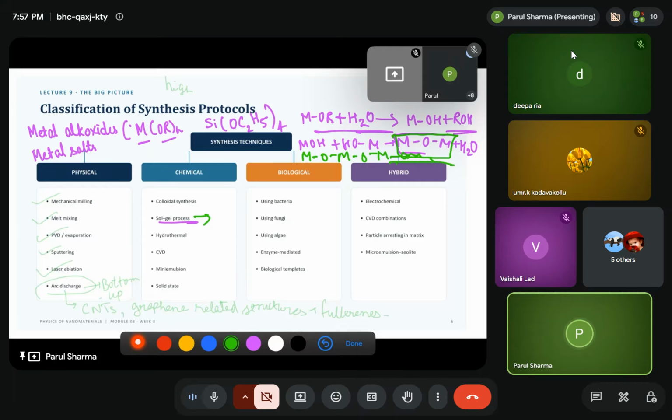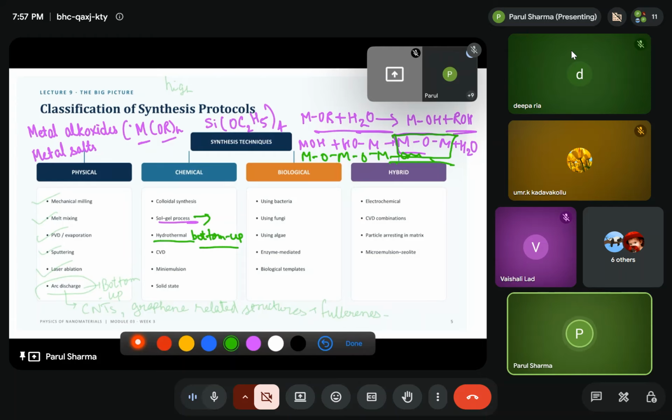Now coming to the next process, which is the hydrothermal. The hydrothermal synthesis is also a bottom-up chemical method which is used to synthesize highly crystalline nanomaterials, particularly sulfides, hydroxides, phosphates, and other inorganic nanostructures.